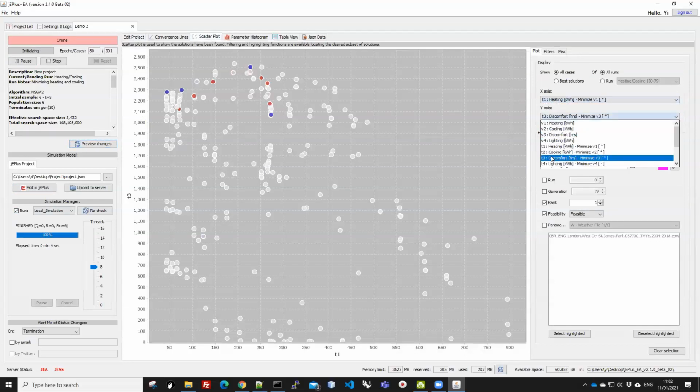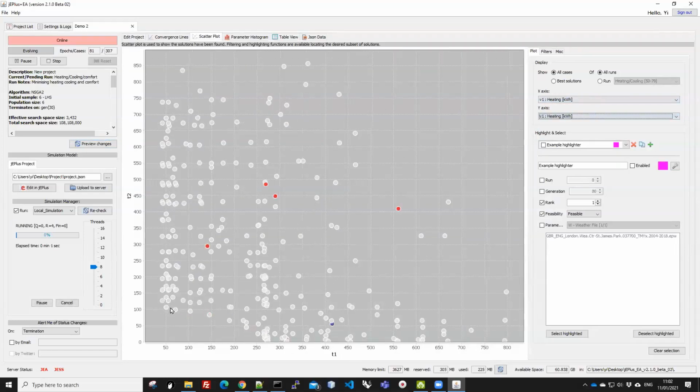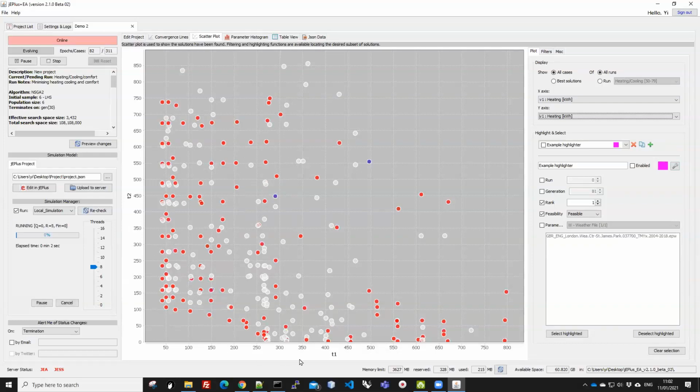Let me get back to heating versus cooling first. Remember our Pareto line was like that. Now, once I enabled comfort as an objective, suddenly the output becomes that. What's going on?